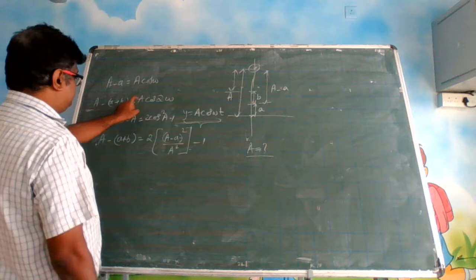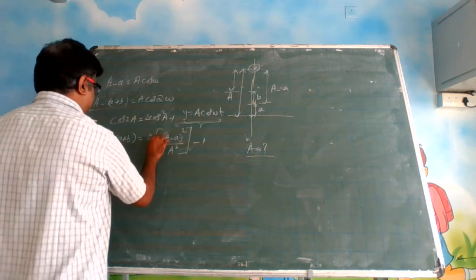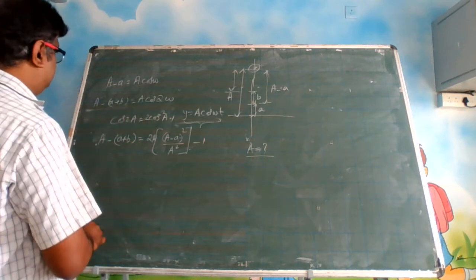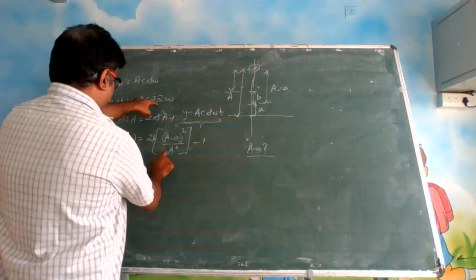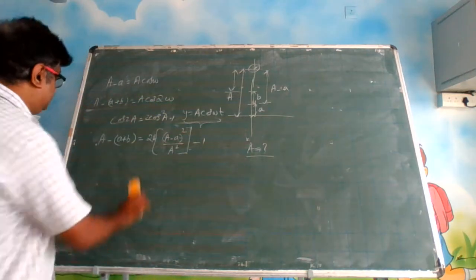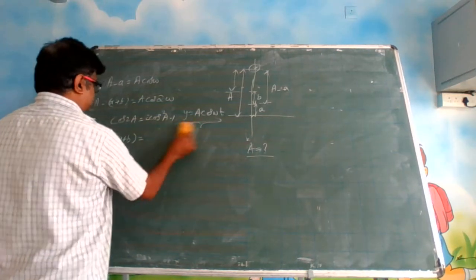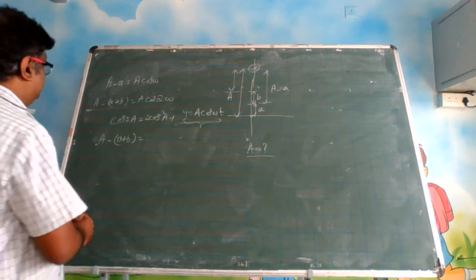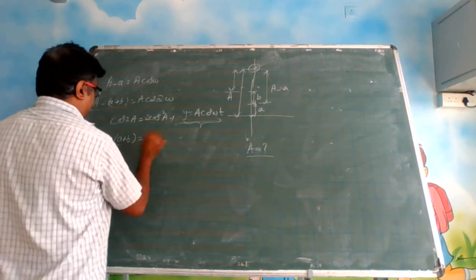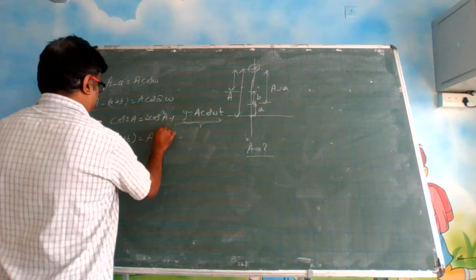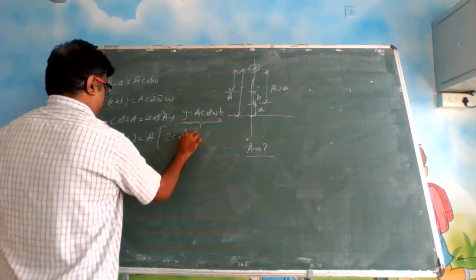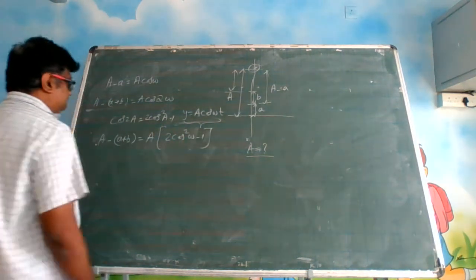And there is A here which we are forgetting. There is A here. So for cos 2 omega, I made a small mistake. Okay. See, we have to write A cos 2 omega. So what will this become? 2 cos square omega minus 1, equals?